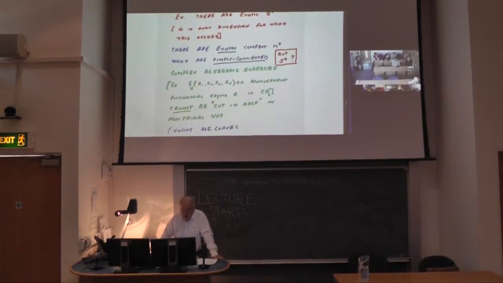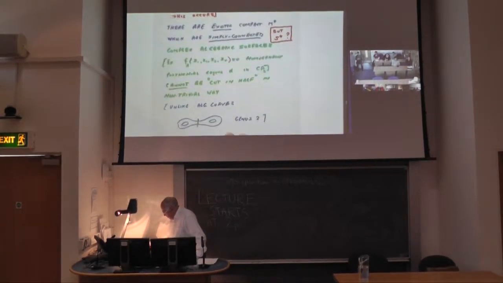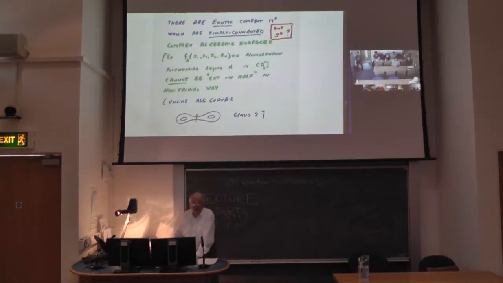And I can't go into this because it's more technical, this is more recent work. But one thing you can say, if you take this surface, it cannot be cut in half in a sensible, non-trivial way. And this is unlike curves. If you take an algebraic curve, it is a surface. Typically, you can draw a picture of it, like a surface with 2 holes, 3 holes, 4 holes.